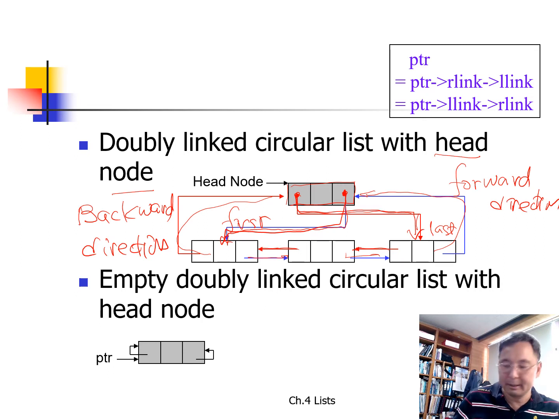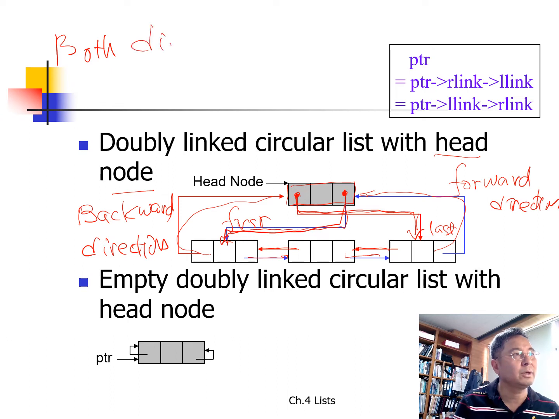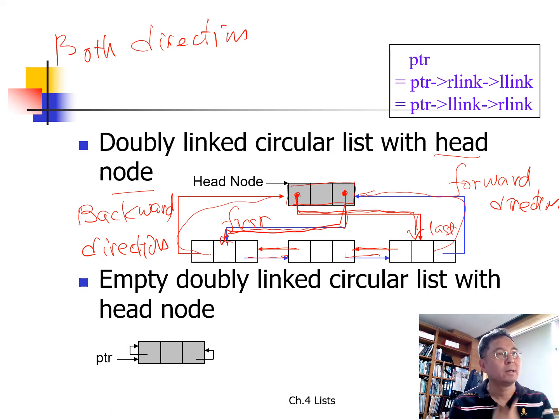Okay, so this doubly linked list will provide both directions. Both directions we can move, backward and forward. Okay, that's a doubly linked list.